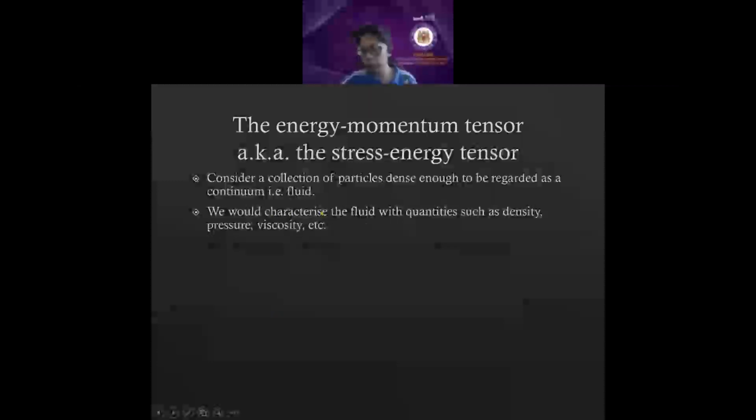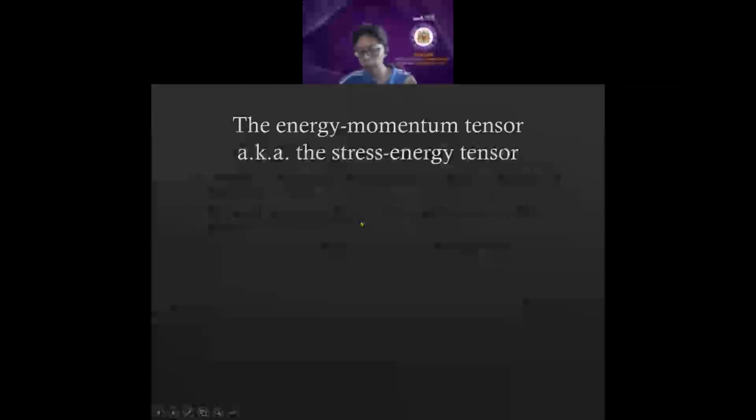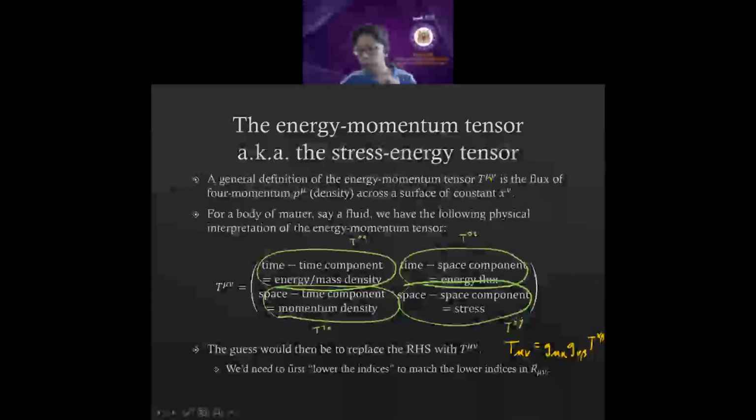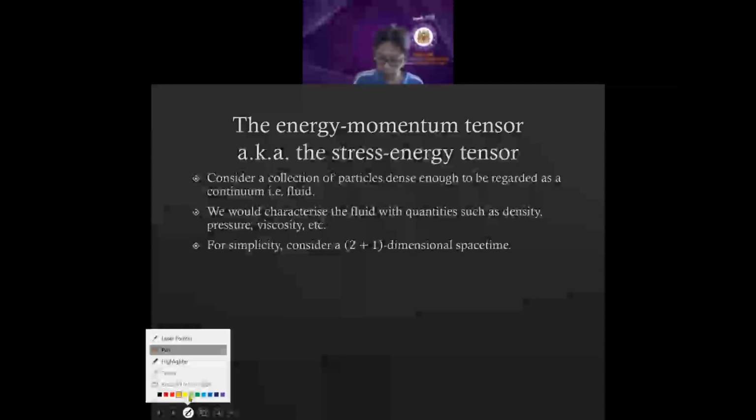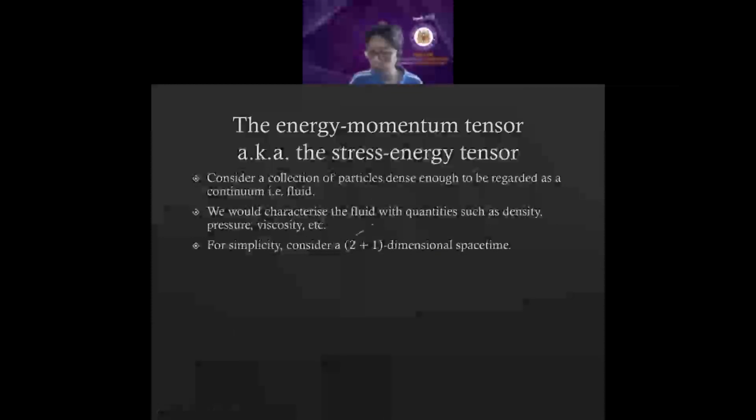So we could then characterize the fluid with quantities such as the density, the pressure, the viscosity, etc. Because I want to illustrate to you how we can interpret components of the energy momentum tensor as the energy density, momentum density, etc. Let's consider a 2+1 dimensional spacetime. What I mean with this is that let's consider a spacetime with 2 spatial dimensions and 1 time dimension.